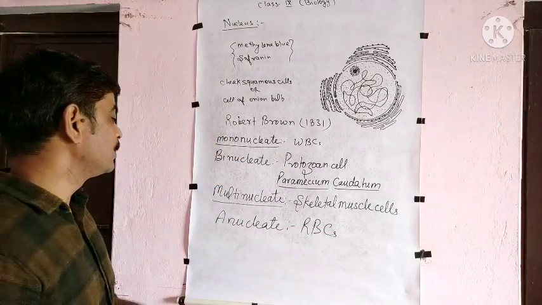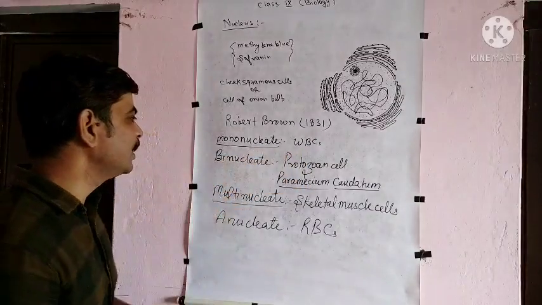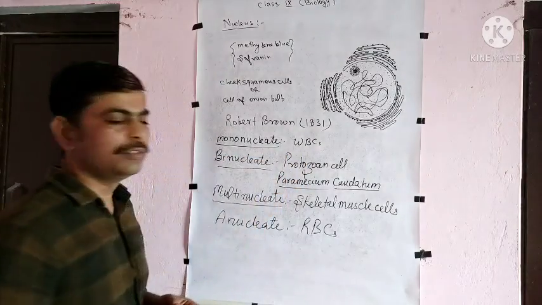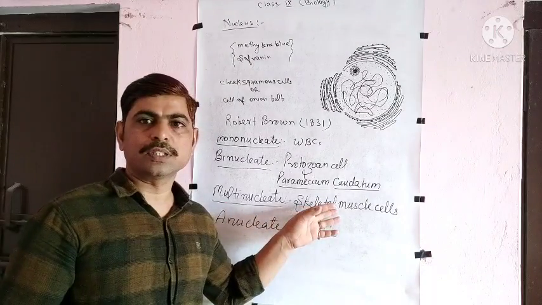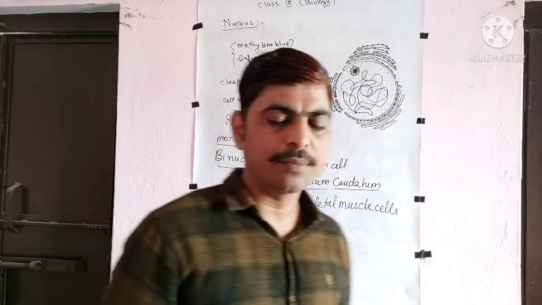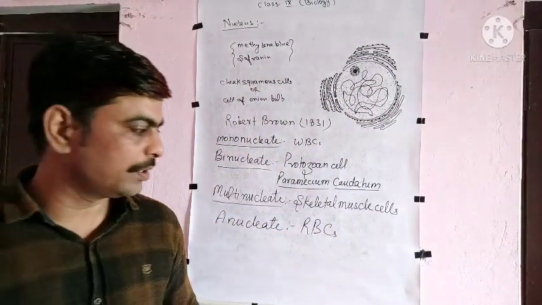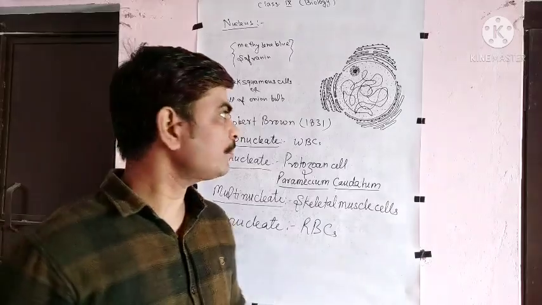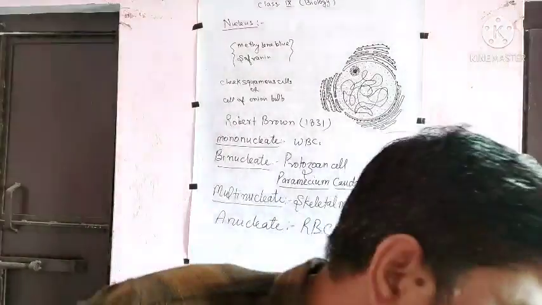Mononucleate have only one nucleus, binucleate have two nuclei, multinucleate have many nuclei, more than two, and anucleate are without nucleus. So there are different types of cells, and methylene blue or methyl orange can be used to stain the nucleus.